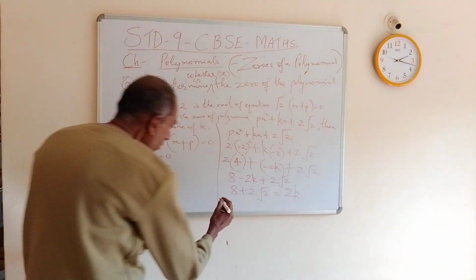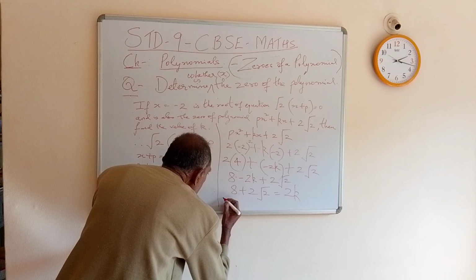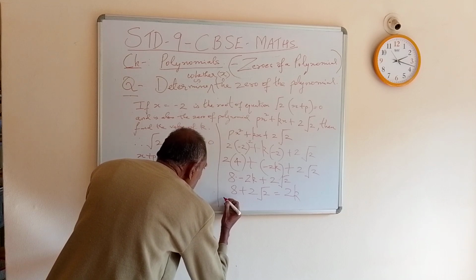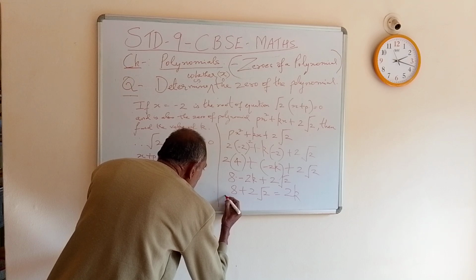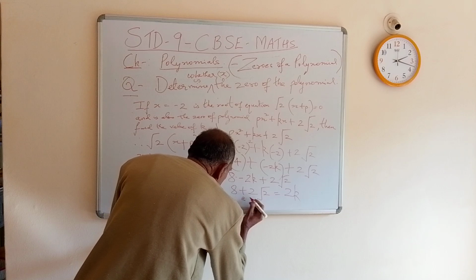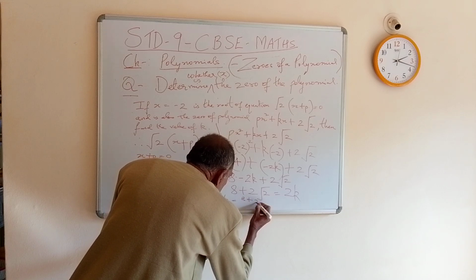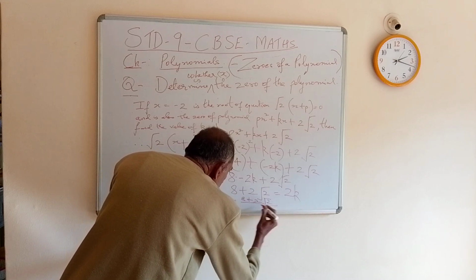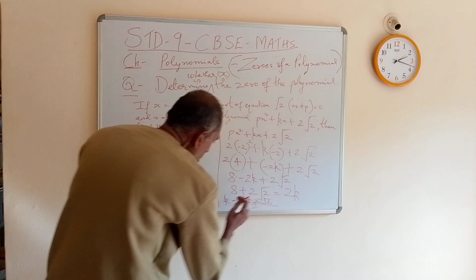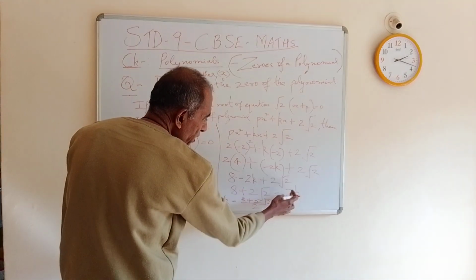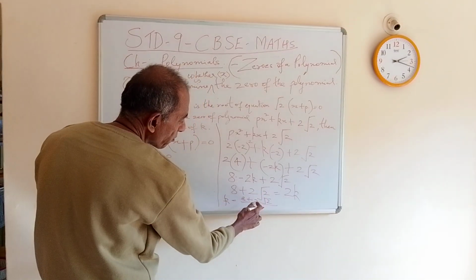Okay, so therefore k is equal to 8 plus 2 root 2 divided by 2. This was 2k, so only k, the 2 will come here, so that goes to division. From multiplication it will go to division.